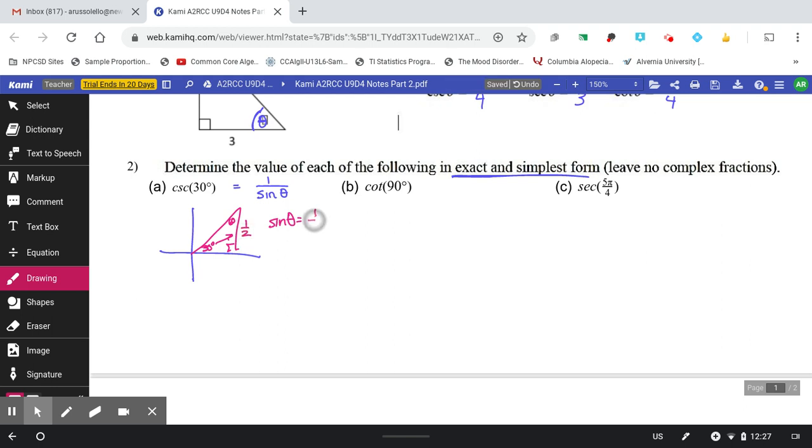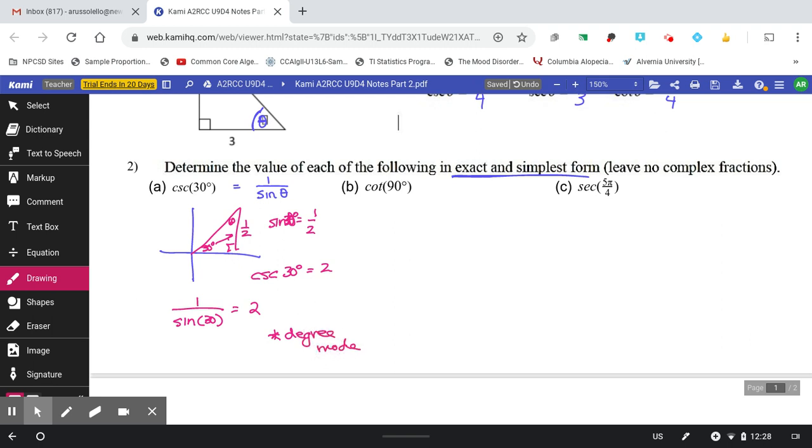So that means the sine would be equal to 1/2, which means the cosecant, that should be 30 degrees here, not theta. The cosecant of 30 degrees is going to be the reciprocal, which is 2 over 1, or just 2. All right. Now, if you put that in your calculator, 1 divided by the sine of 30, you will get 2. Remember, though, that you need to be in degree mode when you do this.